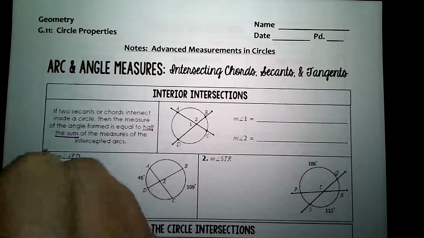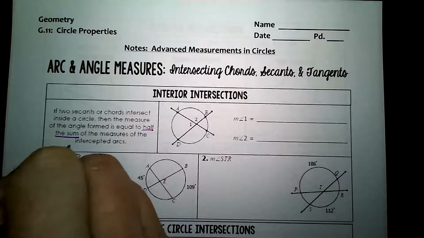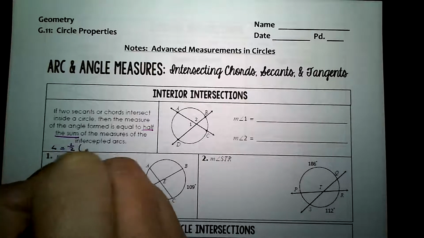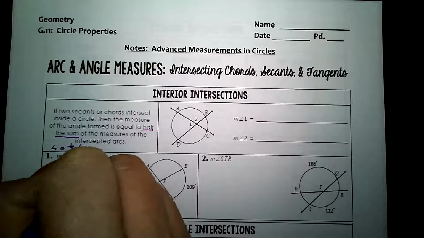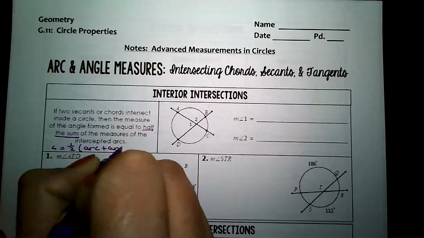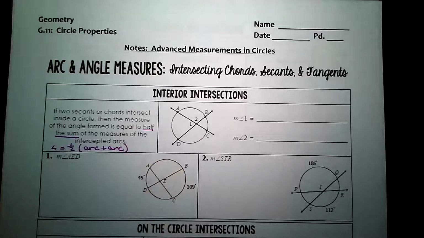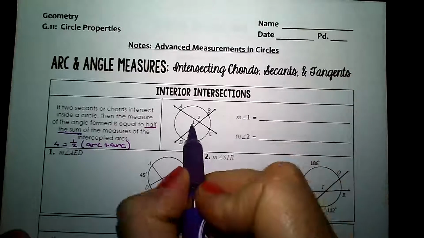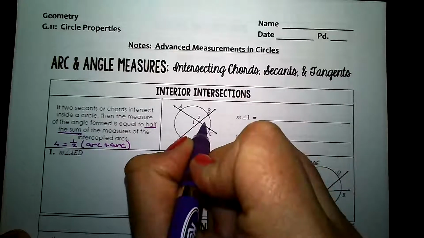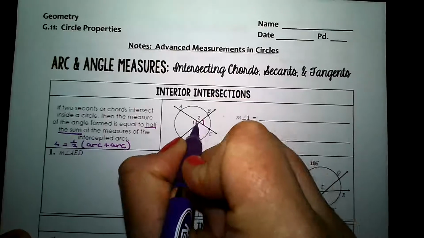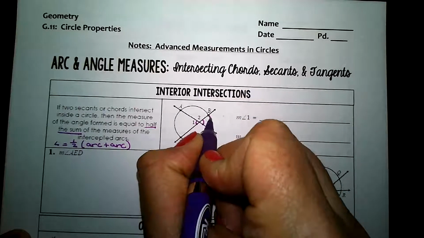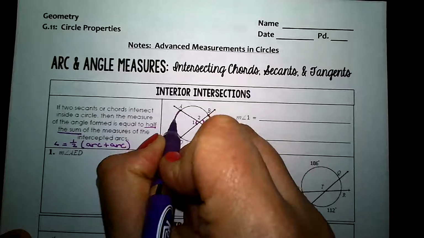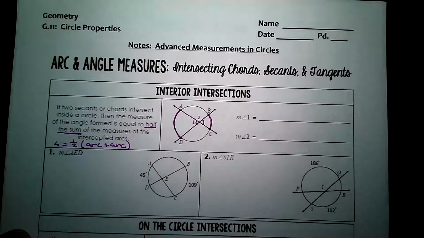Let me write that down. The angle is equal to 1/2 of the sum of the two arcs. Okay, and we are going to have two arcs. So let me show you what we're looking at here. Let's say we're trying to find angle 1. Well, we know we have a set of vertical angles. We know that BC and AD are the arcs that go with angle 1 and its vertical angle.